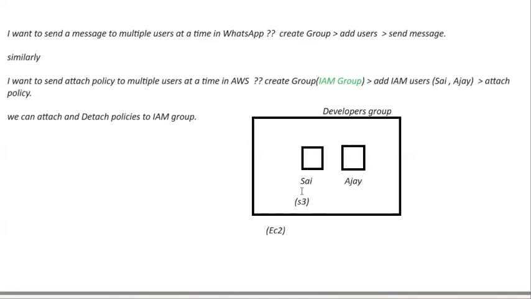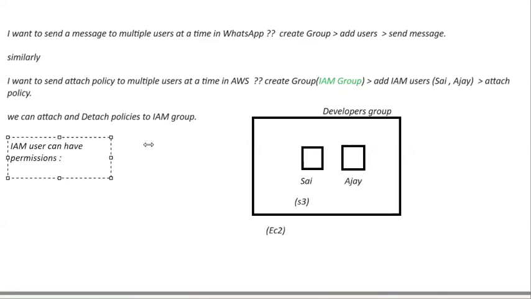So from this, can I say an IAM user has permissions to access services based on permissions given to that particular user and the group the user joined? Can I say like that? Yes. So an IAM user can have permissions.